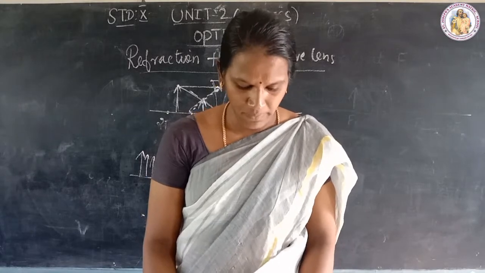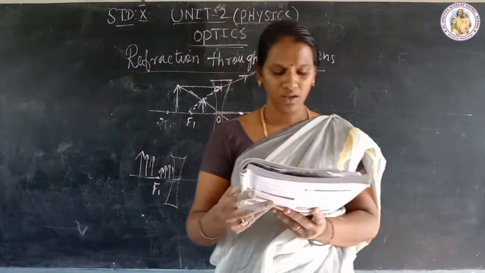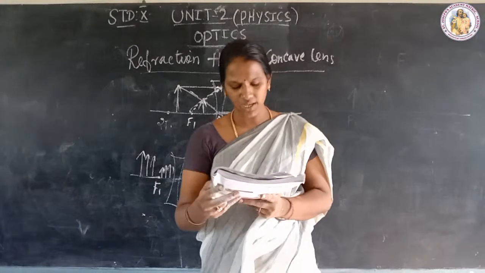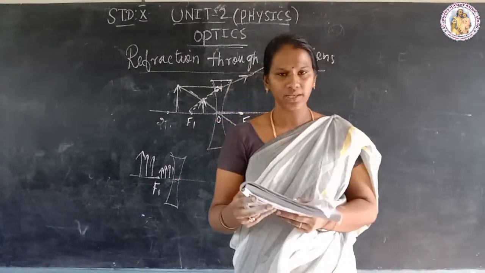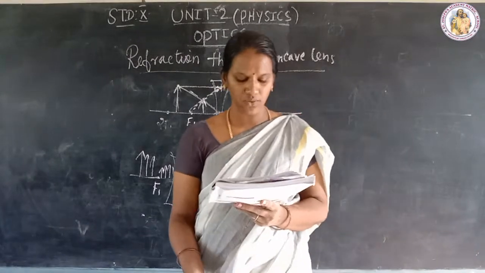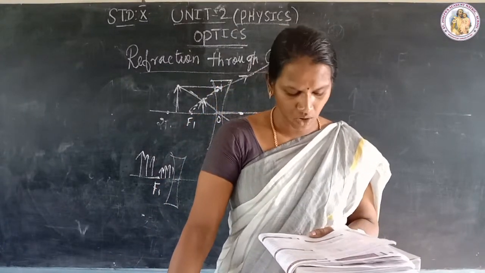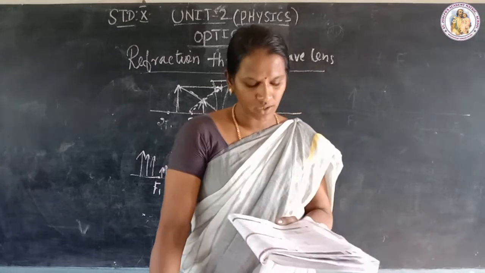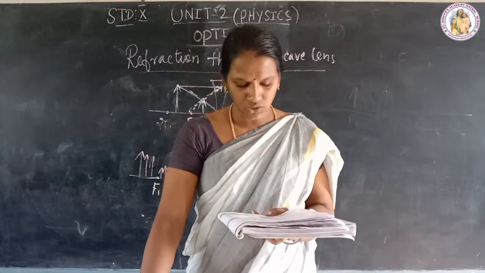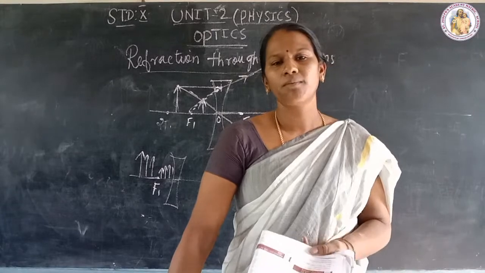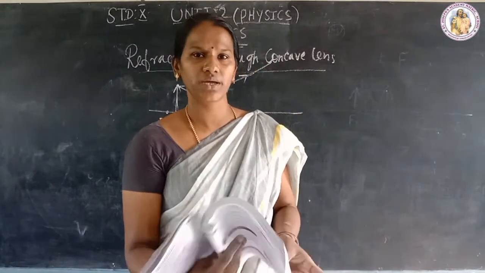So what are the applications of concave lenses? Concave lenses are used as the eye lens of the Galilean telescope, and in wide angle spy hole windows. In spy hole windows we have concave lenses. They are also used to correct the defect of vision called myopia.